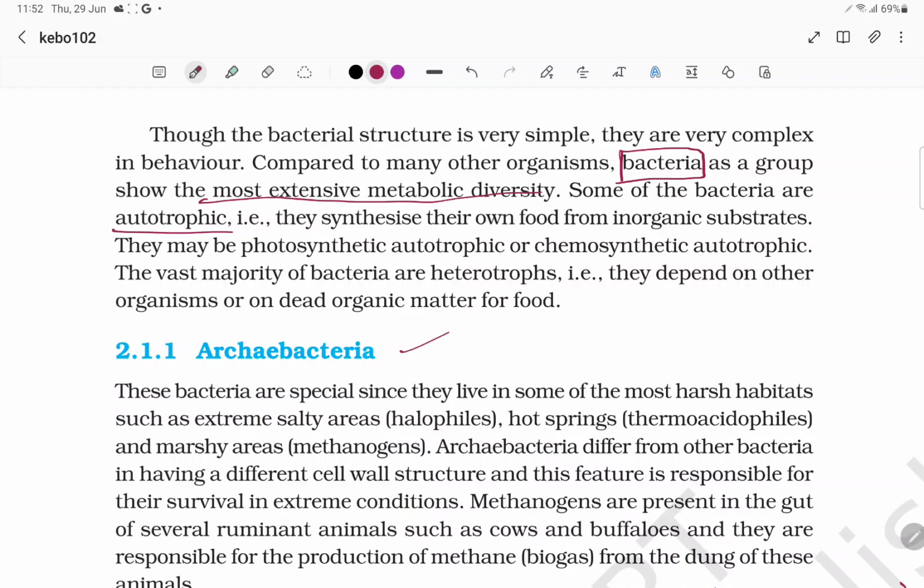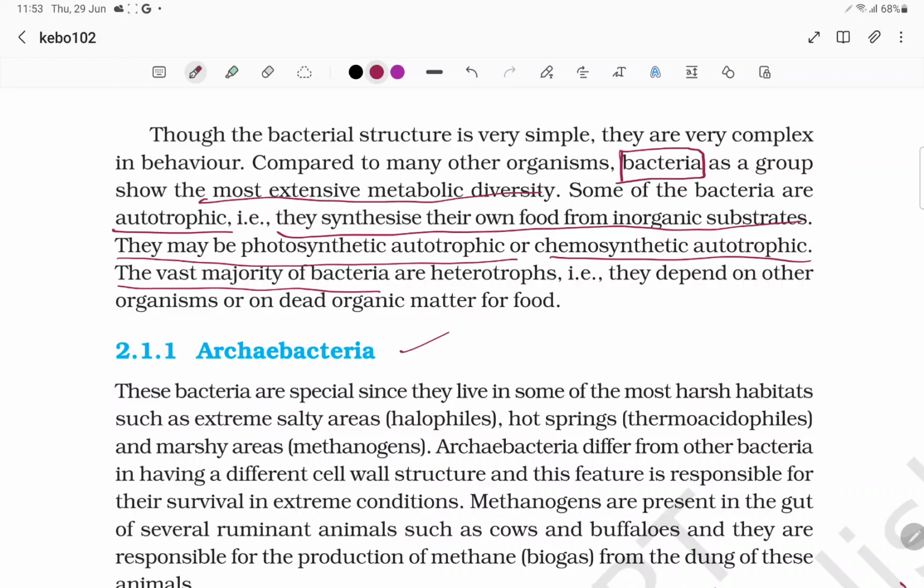Some bacteria are autotrophic. They synthesize their own food from inorganic substances. Like I told you, nitrogen fixing bacteria, the bacteria which convert nitrites and nitrates: Nitrococcus, Nitrosomonas, Nitrobacter, Pseudomonas, Thiobacillus. They may be photosynthetic autotrophic or chemosynthetic autotrophic. They are the vast majority of bacteria.